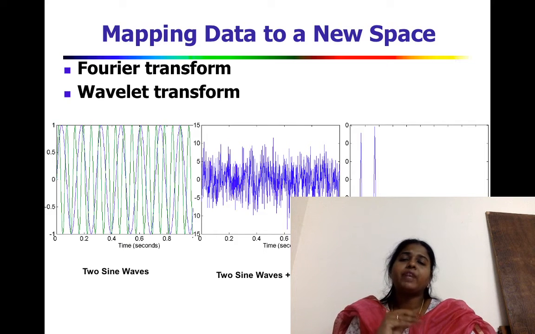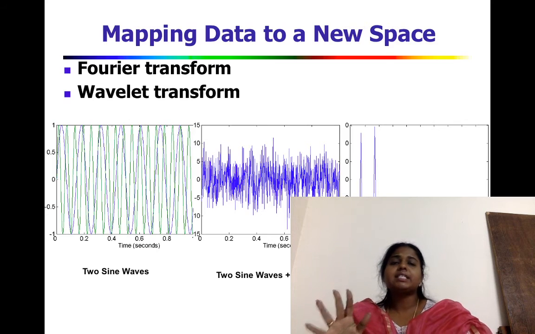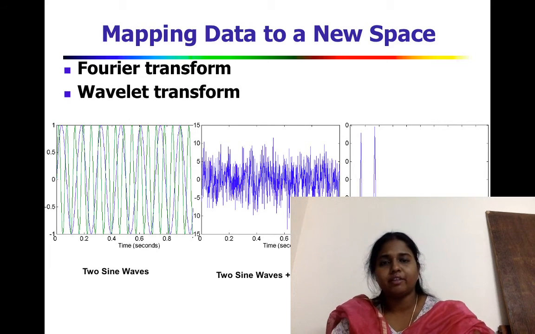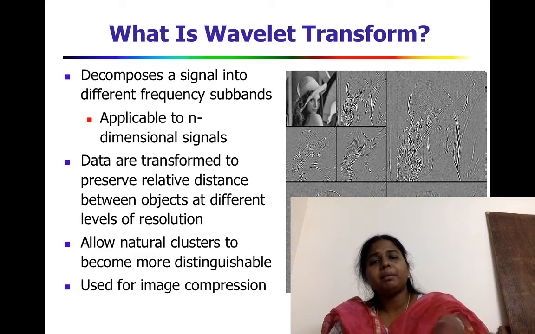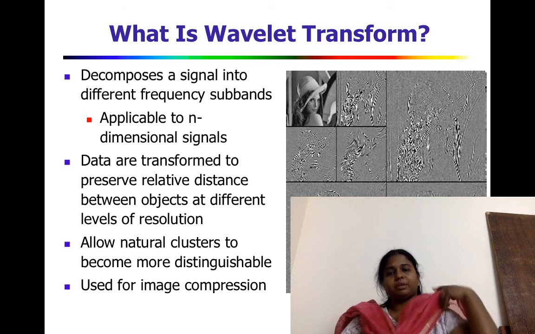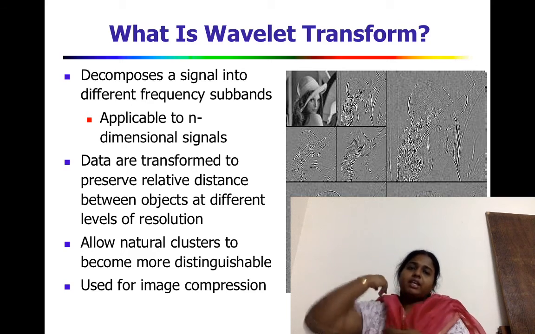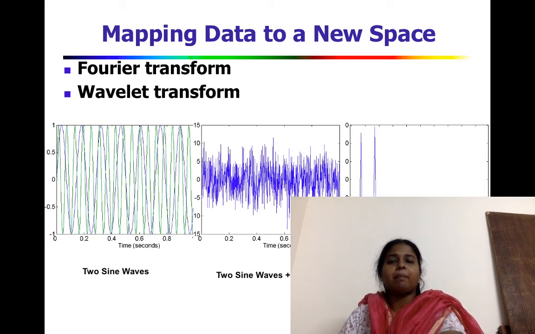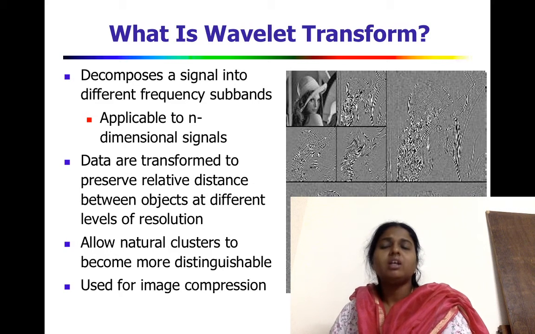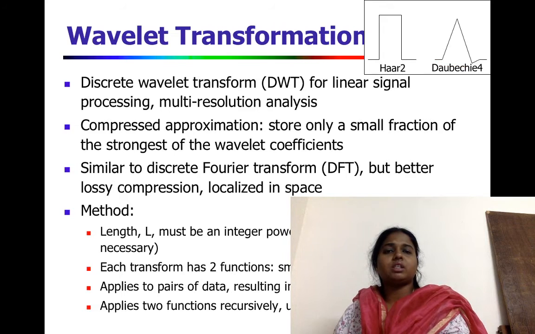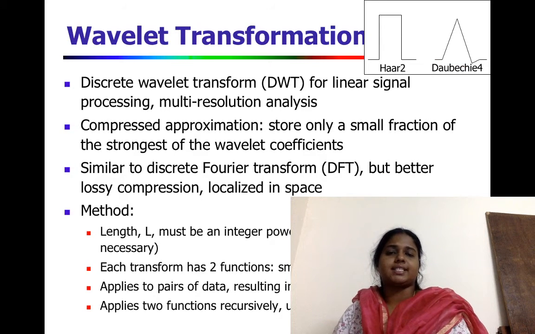So every time you have some time-oriented data, it is easier to represent it in the frequency domain. For an image also, I can take the wavelet transformation. A wavelet transformation is one transformation that can help you convert a time signal into a frequency signal. I can use it upon an image. I can use it on text.